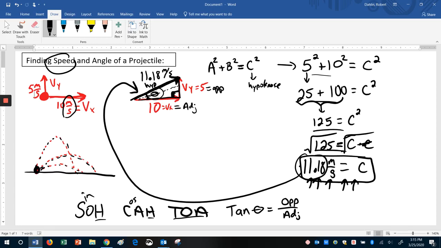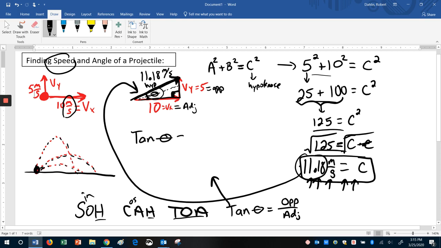Okay, so to solve, we're going to use tangent. Tangent of our angle equals opposite over adjacent, or 5 over 10. Okay, now in this one, it's the angle that's the unknown.